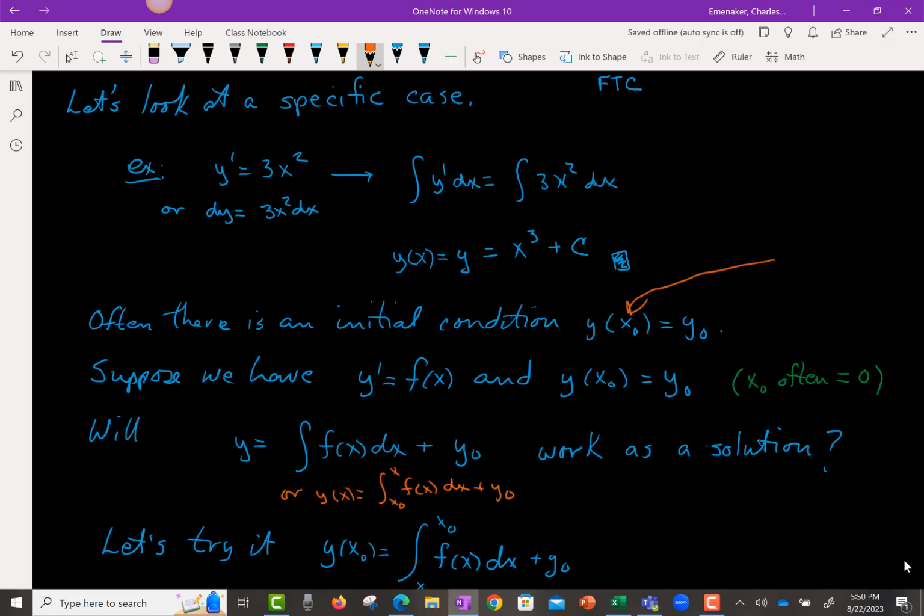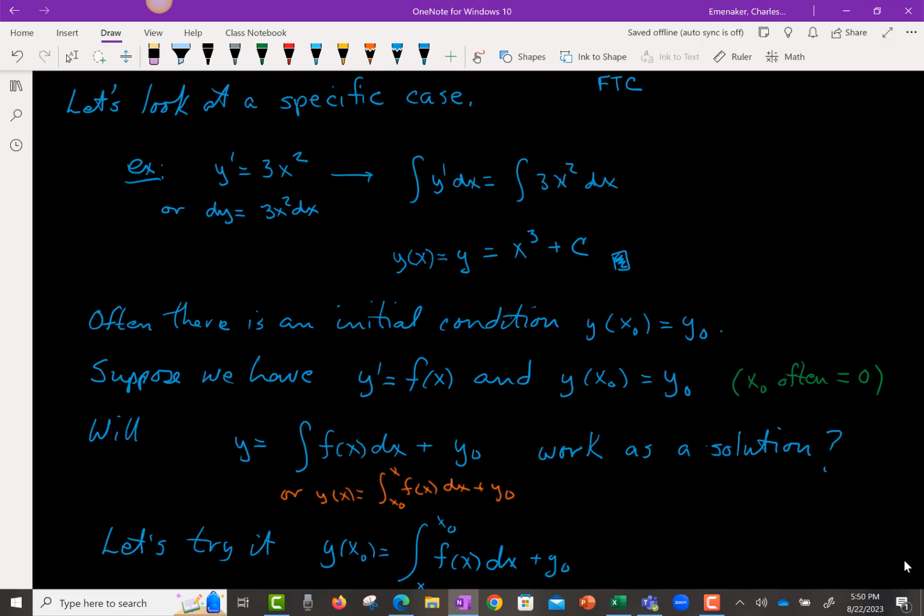So we're often going to see that the x0 value is just going to be 0. It will not be at all uncommon for x0 to equal 0. So for example, at the start, time 0, there's x0 equals 0. That doesn't mean it has to always be that way.